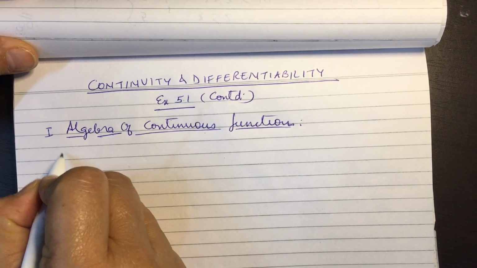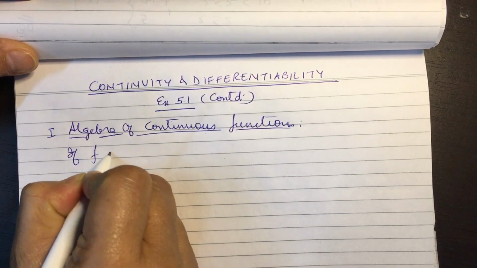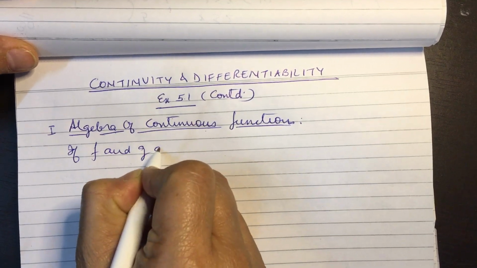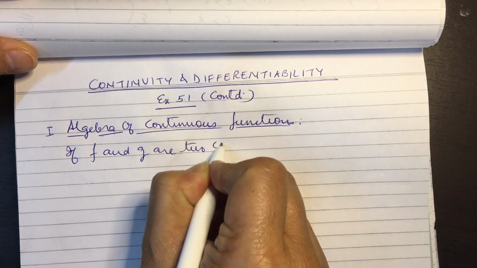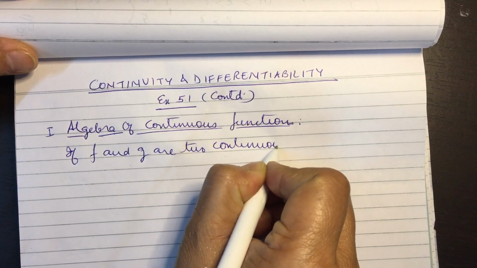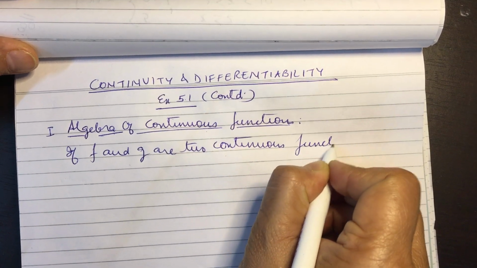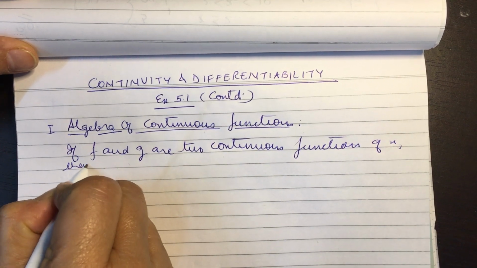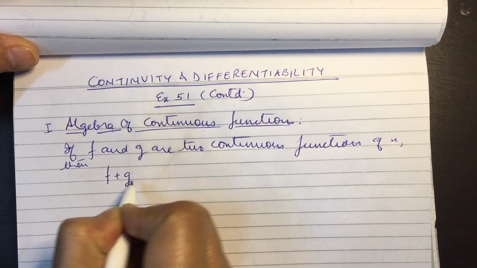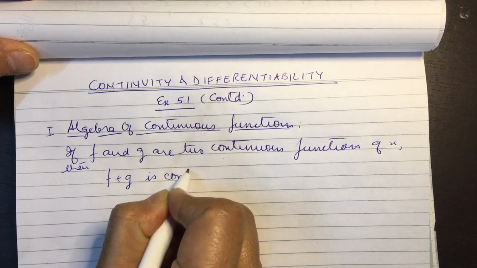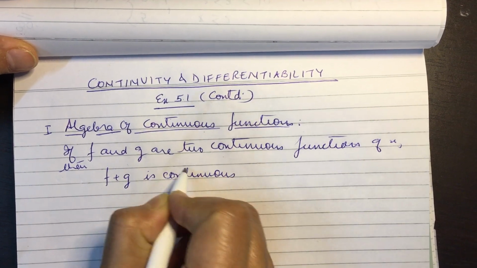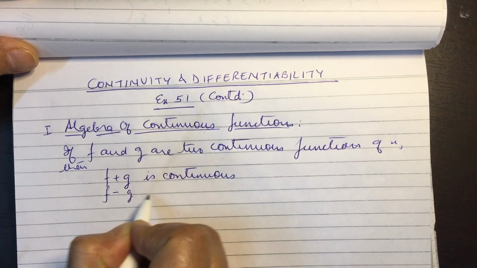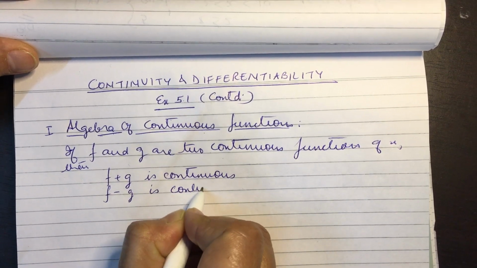That is, if f and g are two continuous functions of x, then f plus g is continuous. Similarly, we have f minus g is continuous.